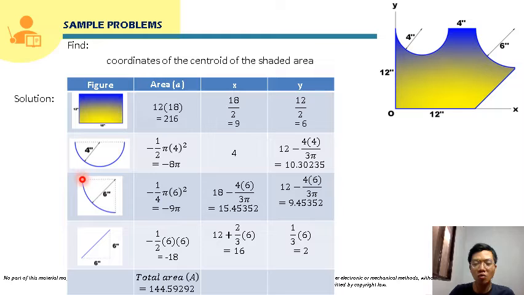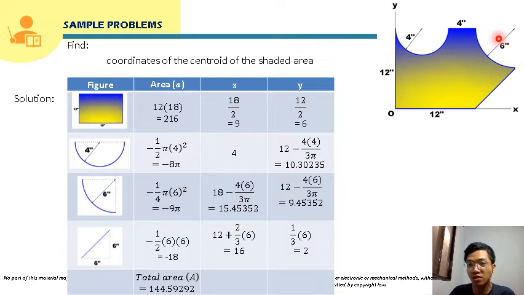Now for the quarter circle, this is the quarter circle. The centroid of this quarter circle will be somewhere here, at this point. It can be measured from here, and this is 4r over 3 pi. The measure of 4r over 3 pi is from here, not from here.